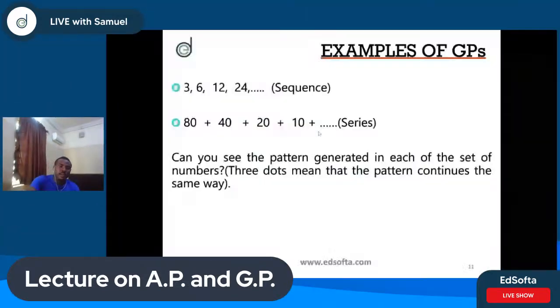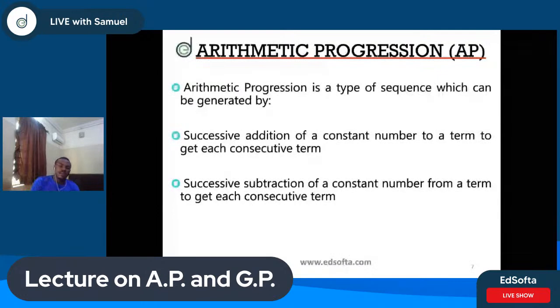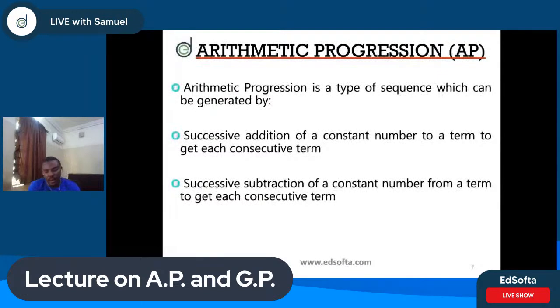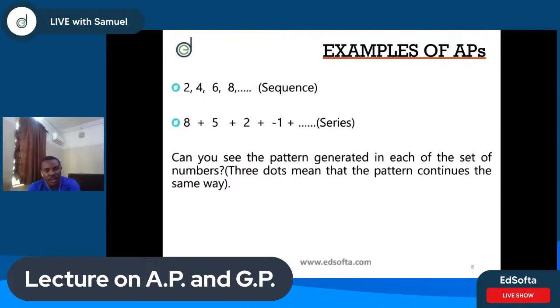Okay, let us move to this. Like I said in the beginning, we have a sequence and a series, and I explained what they were. We also moved to arithmetic progression, and to GP, geometric progression.